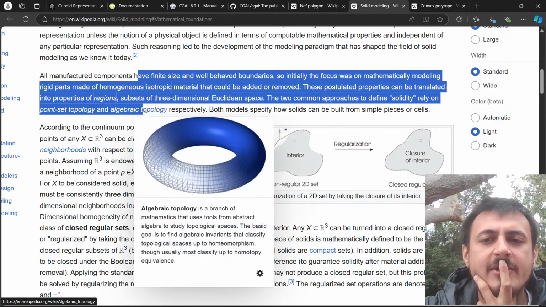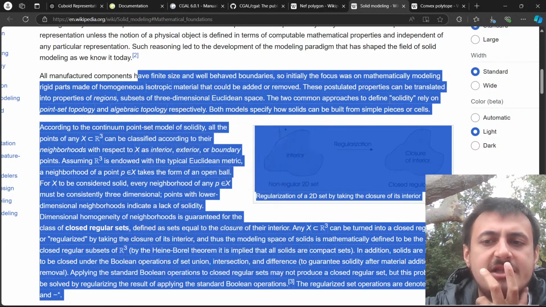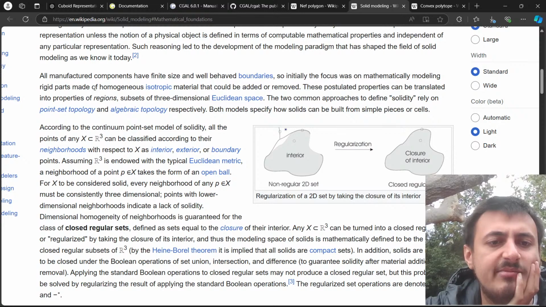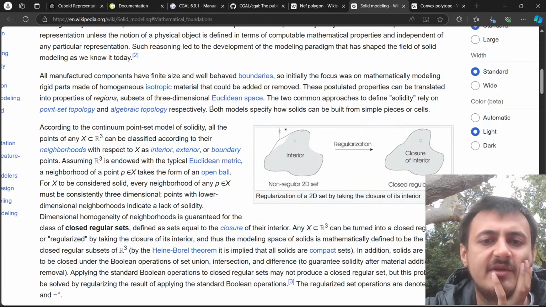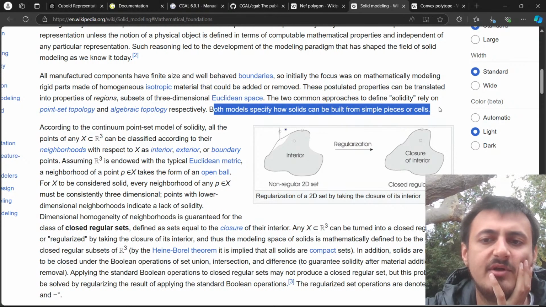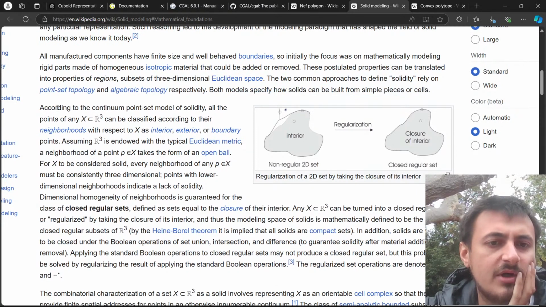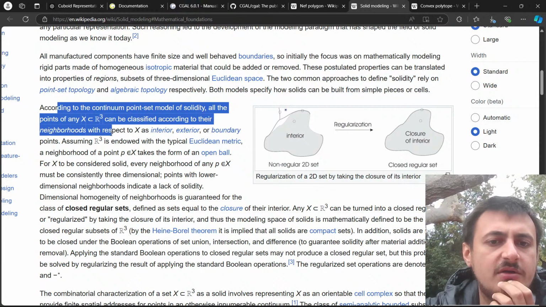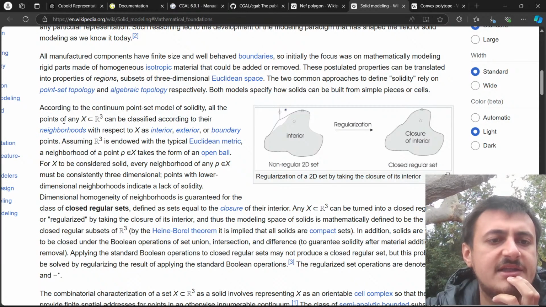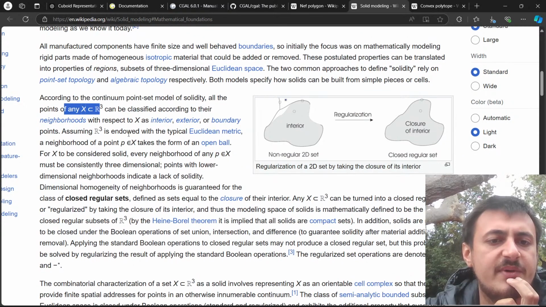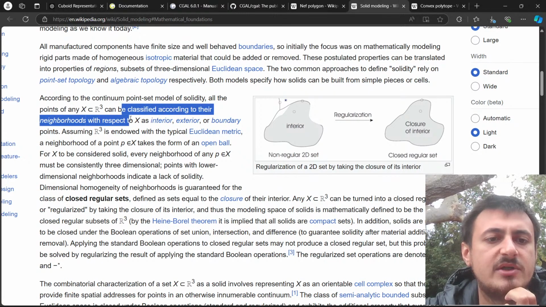The two common approaches to define solidity rely on point set topology and algebraic topology, respectively. Both models specify how solids can be built from simple pieces or cells. According to the continuum point set model of solidity, all the points of any subset X of R3 can be classified according to their neighborhoods with respect to X as interior, exterior, or boundary.